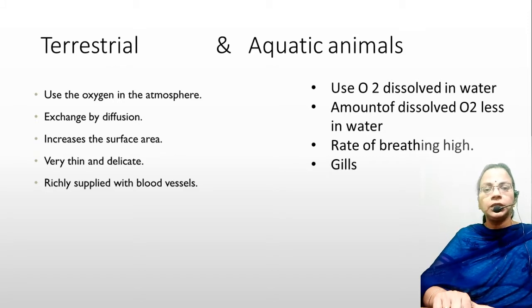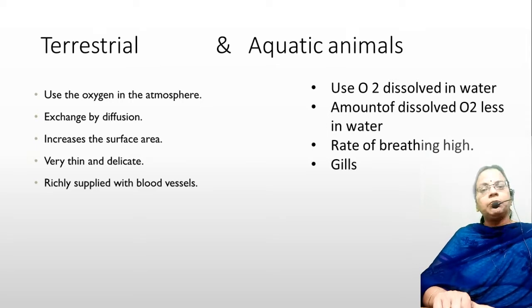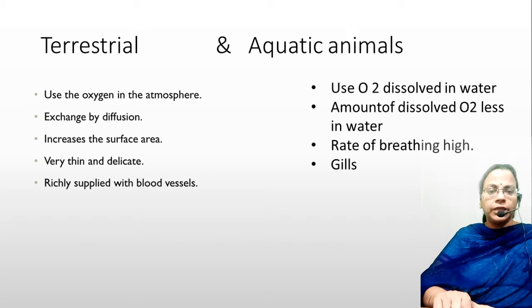So the breathing rate will be higher compared to terrestrial animals, because the amount of oxygen dissolved in water is less compared to the amount in air. So gill respiration takes place, and a higher breathing rate can be observed in aquatic animals. For example, the frog tadpole as well as the fishes, where the gills act as the main respiratory organ.